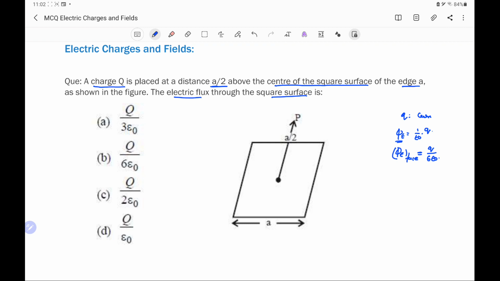If we compare this case with the already done case, we see that this is a square with side A, and the charge is placed at a point P at a distance A by 2.